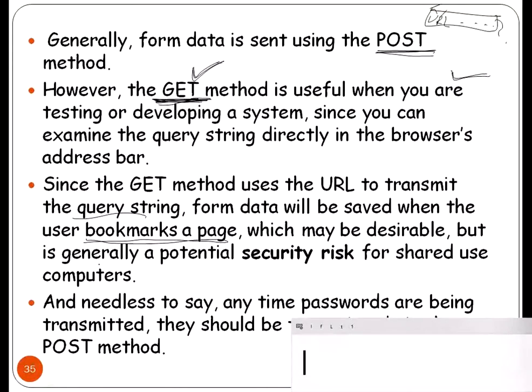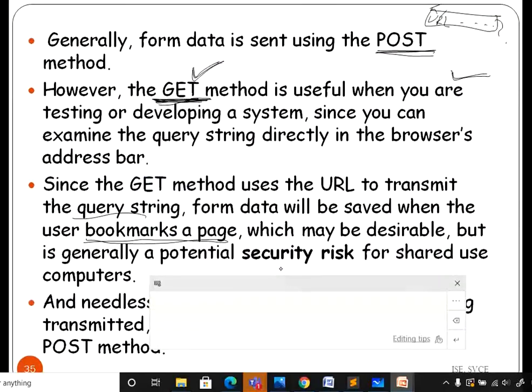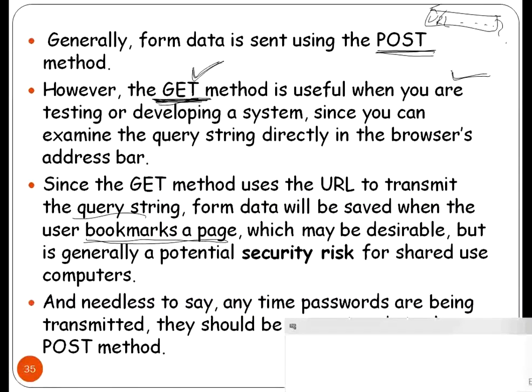So normally the security problem arises when you are using the get method. When you bookmark that particular page, it is going to save whatever data is in the form, and that is going to be the security issue.